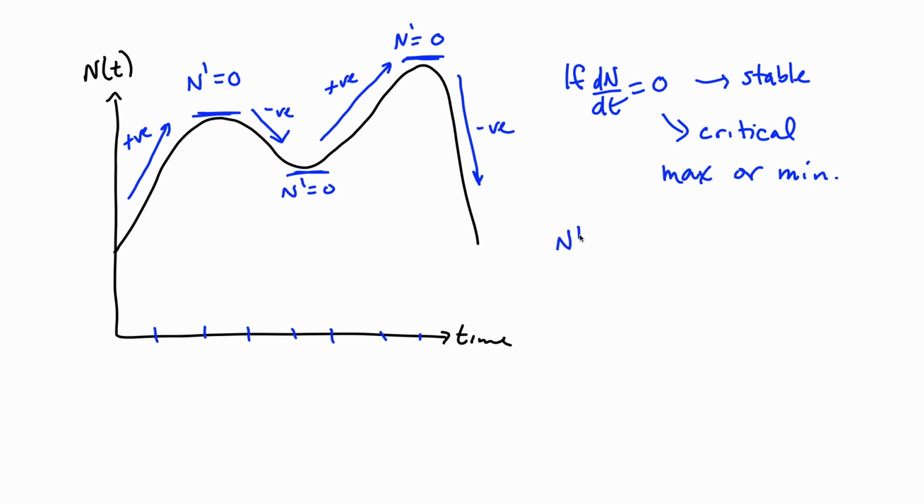So in that case, that would be n double prime of t, or sometimes we write it d squared n over dt squared, the second derivative, which is the derivative of the first derivative. And if the second derivative is greater than 0, then that point is a minimum. And if the second derivative is less than 0, then it's a maximum.